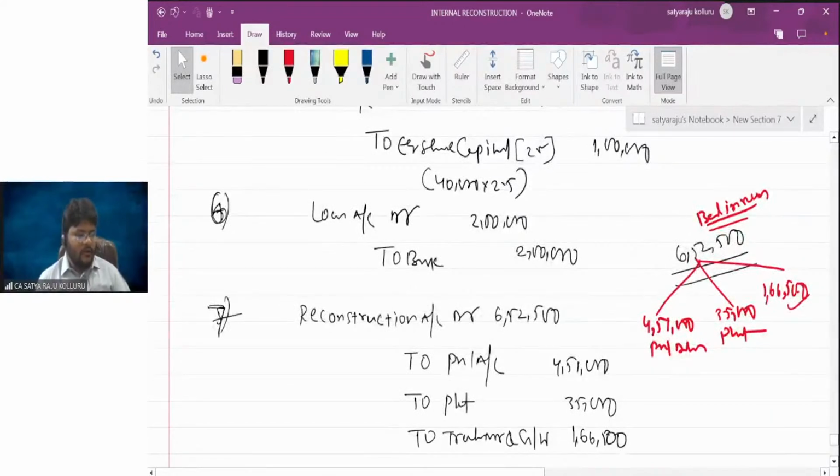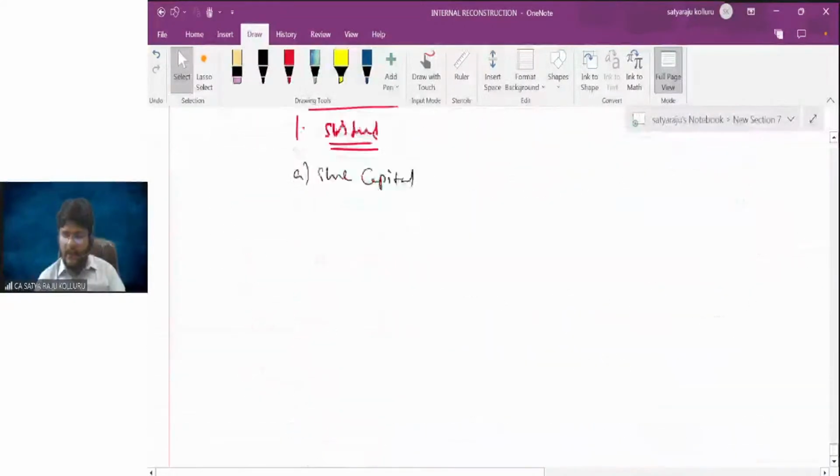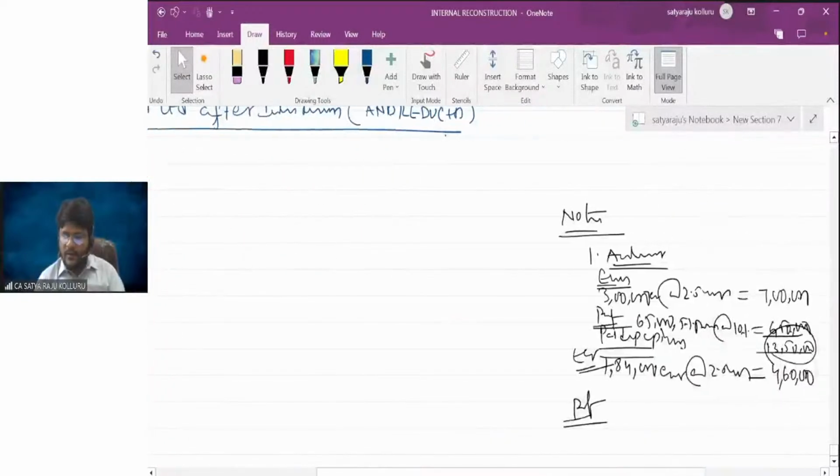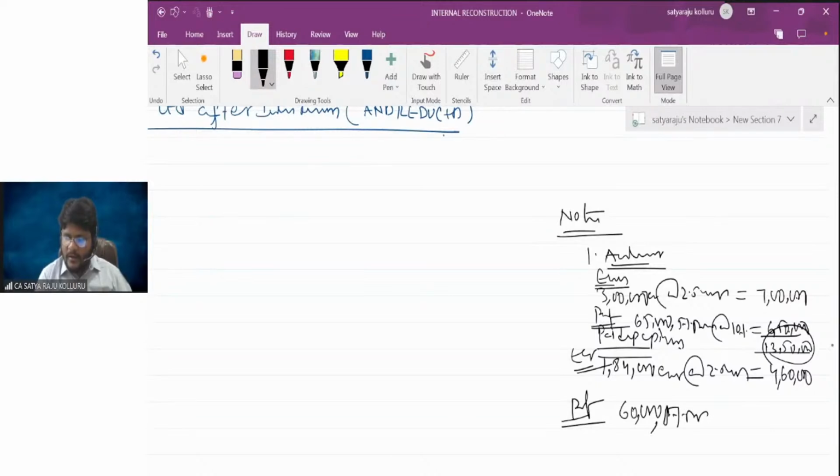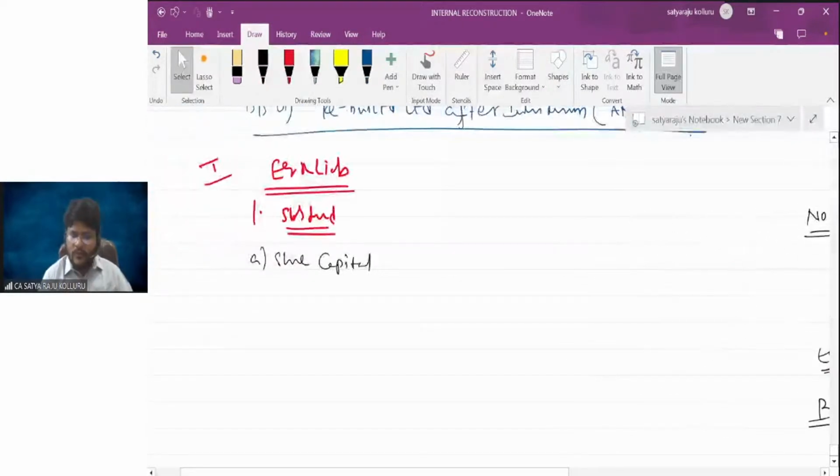So in total we have 6 lakhs worth of preference shares. If it is 6 lakhs worth, that is 60,000 preference shares, right? 60,000, 5% preference shares at the rate of 10 rupees each, that equals 6 lakhs. So 6 plus 4,60,000, 10,60,000. Like this, you need to present it in the notes to accounts.